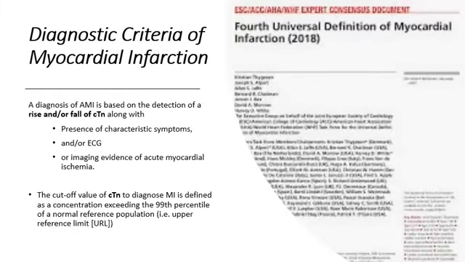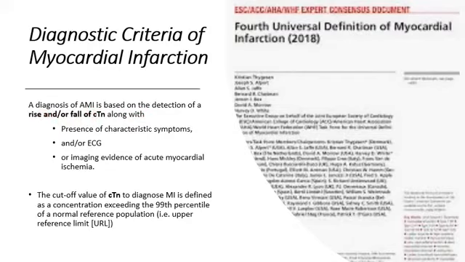The diagnostic criteria of myocardial infarction are many, but the latest one, dated 2018, said that the diagnosis of acute myocardial infarction is based on detection of a rise and fall in cardiac troponin.